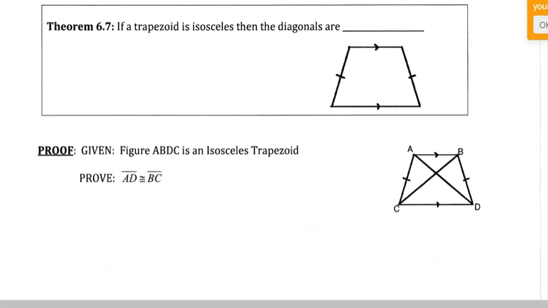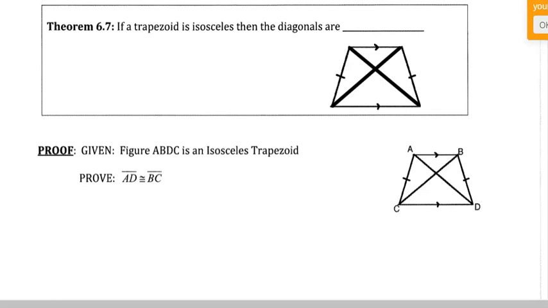Okay, now the next thing that we're going to look at is, if we know that it's an isosceles trapezoid, then something is true about the diagonals. I drew this diagonal, and I drew that diagonal. Does it look like they bisect one another? No, they're not bisecting one another. They're not cutting each other in half.